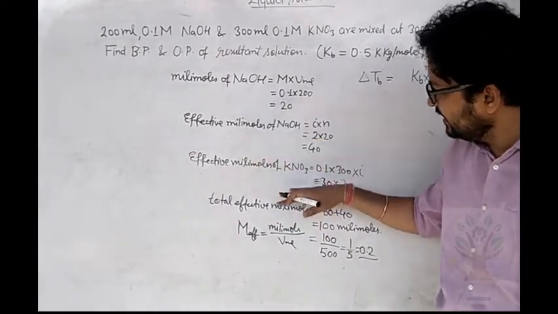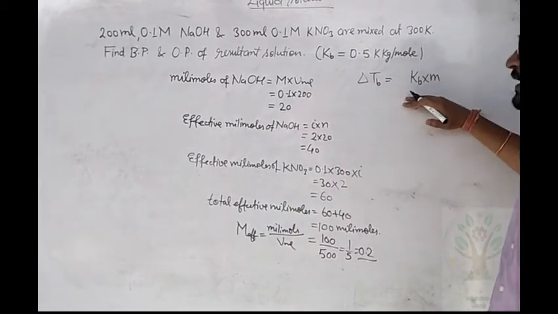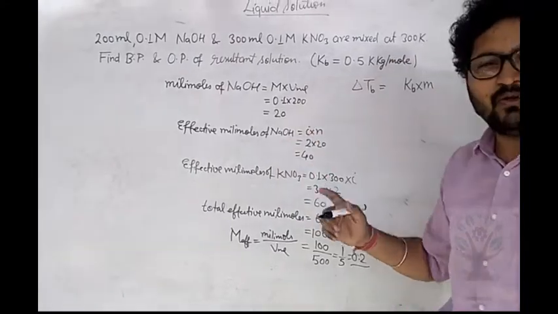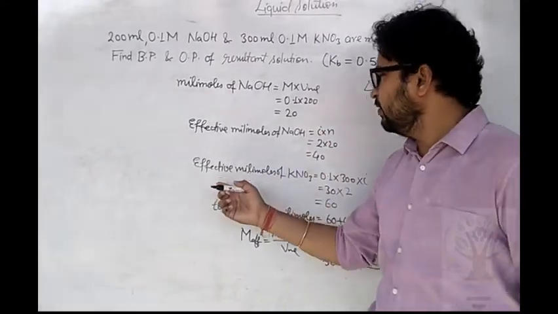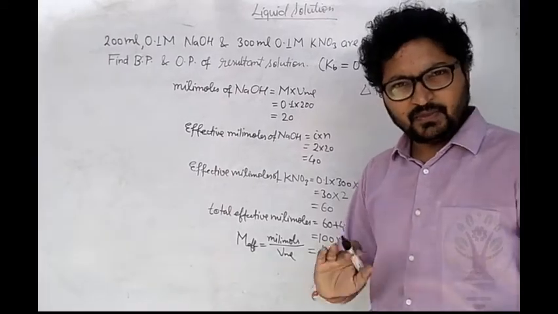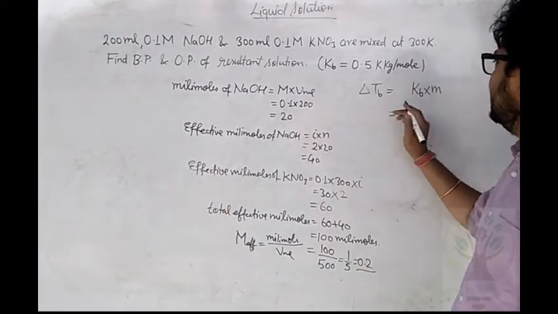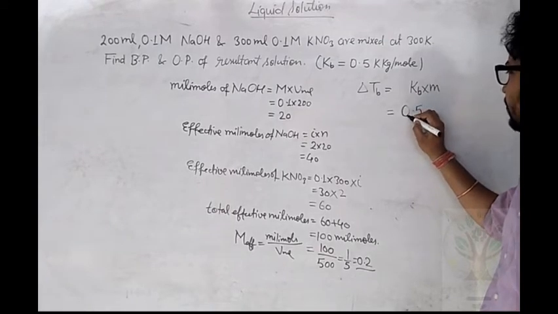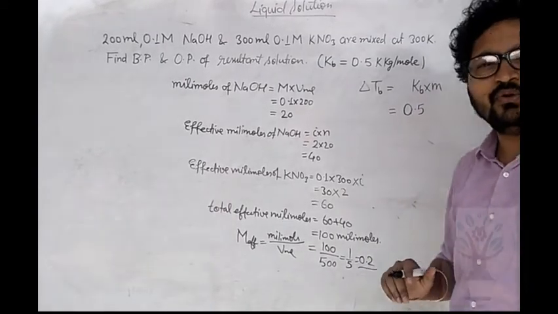See, here I considered, here I considered. So here we don't need to consider i. And for me, whatever NaOH will be causing me colligative property, the same will be caused by KNO3. That's why these two solutions are same for me. Okay, now let's see. So delta Tb equals to how much? It will be Kb 0.5. Now I don't know molality.